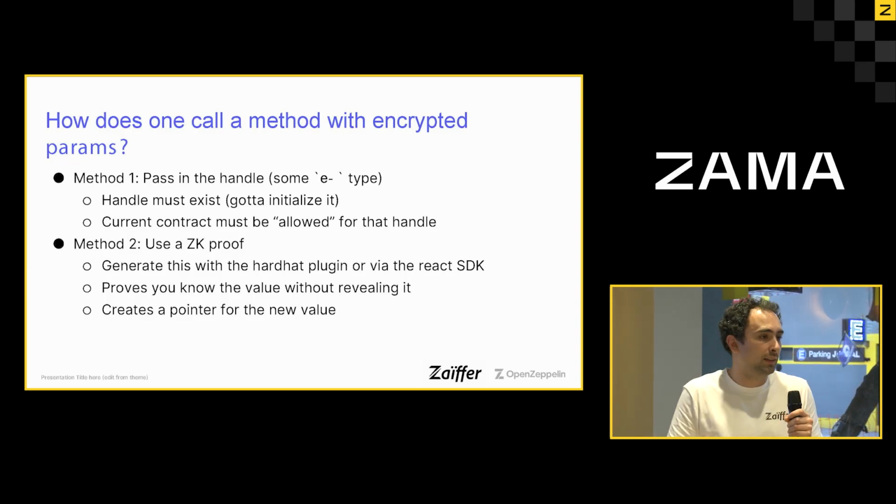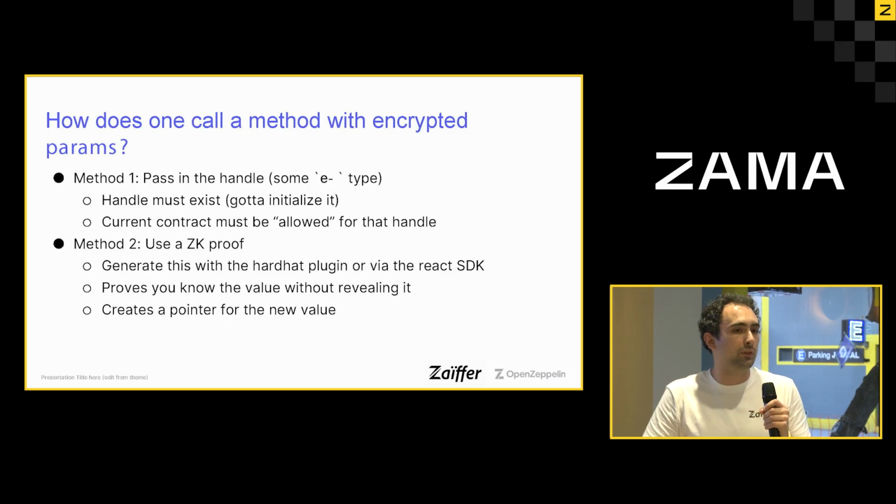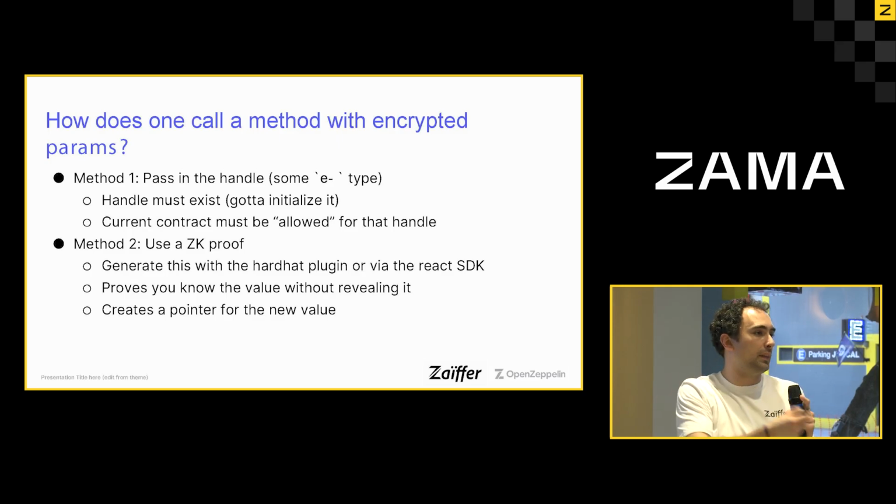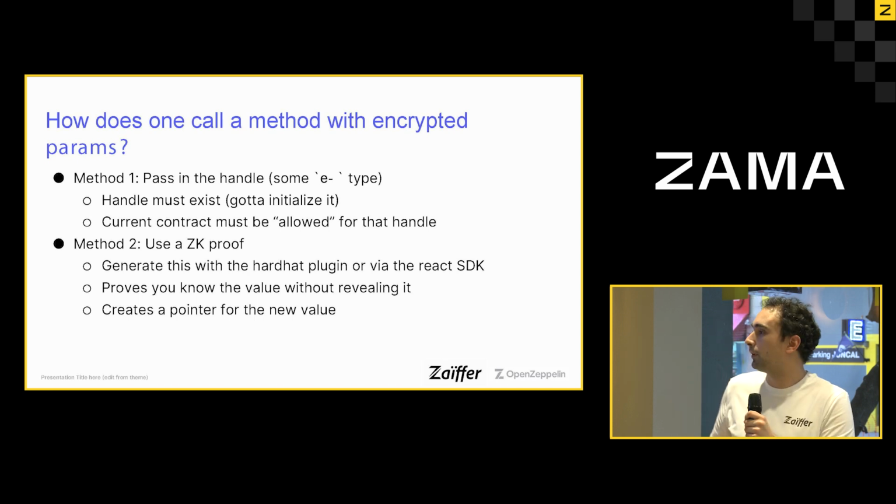In practice, what it means is that you have different arguments depending on whether the encrypted value for your argument was first created off-chain, or whether it's something that already exists on-chain and you're passing it from a smart contract to another smart contract. So again, it's important to remember this asynchronous execution of your encrypted type values.